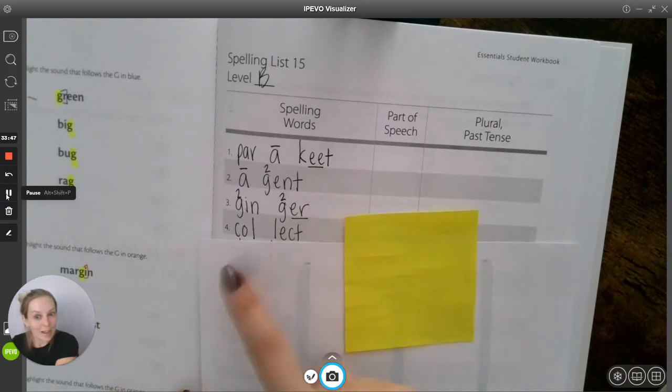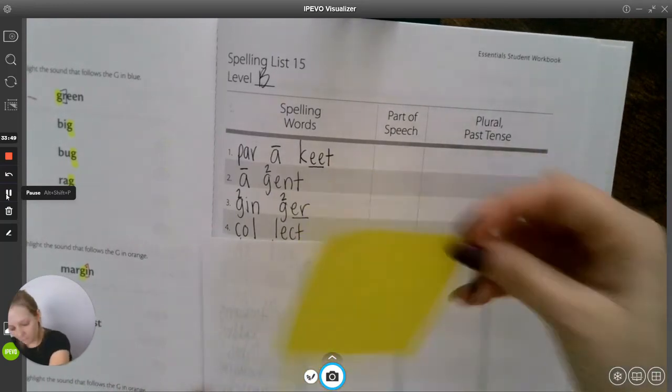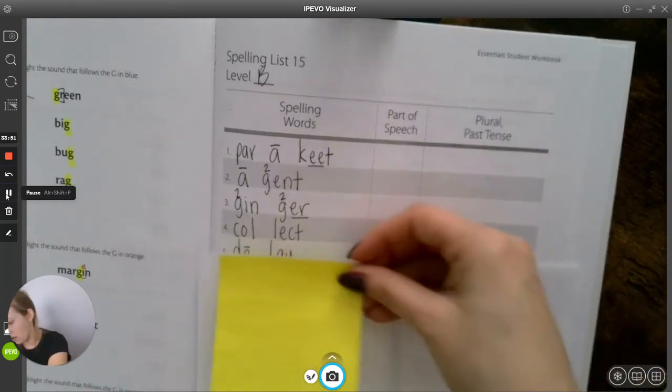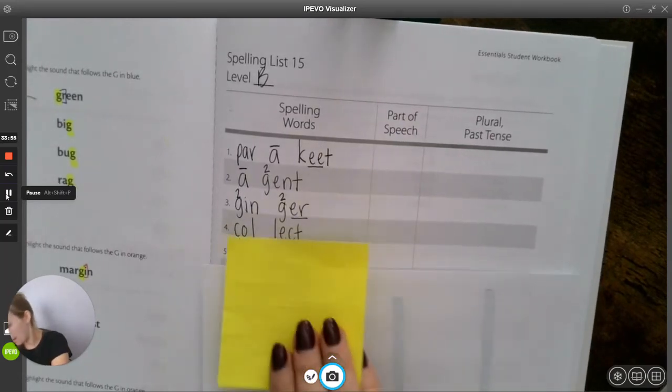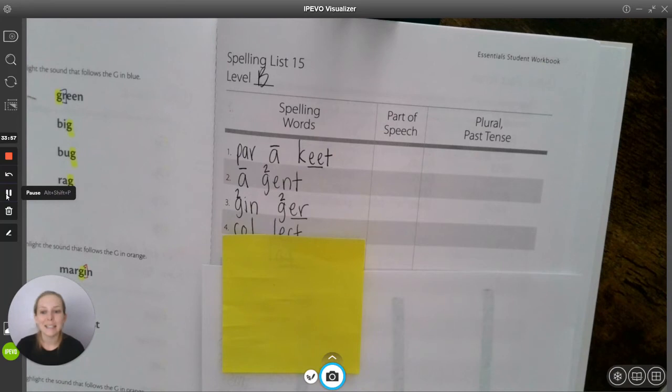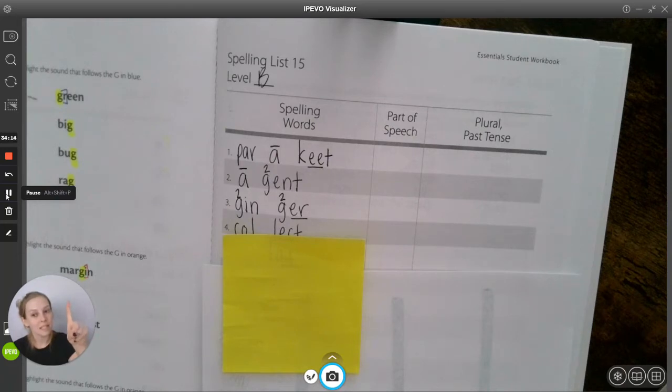Number 5 is delay. The cars were stuck in a long traffic delay. Two syllables here. First one is D. Sound it out. D-E. Finger spell. D-E.